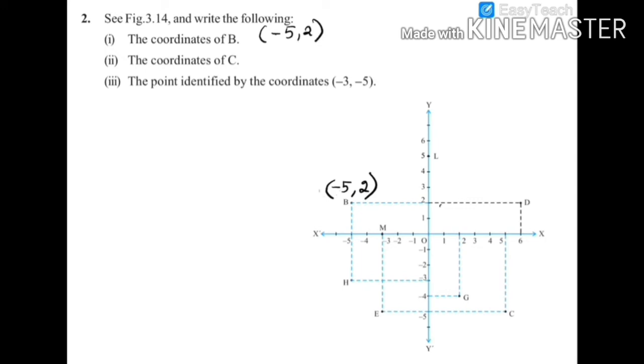What are the coordinates of point C? The first coordinate is the x coordinate, which is the distance from the y axis, and it is 5. The y coordinate is the distance from the x axis, and that is -5, because this point is in the 4th quadrant.